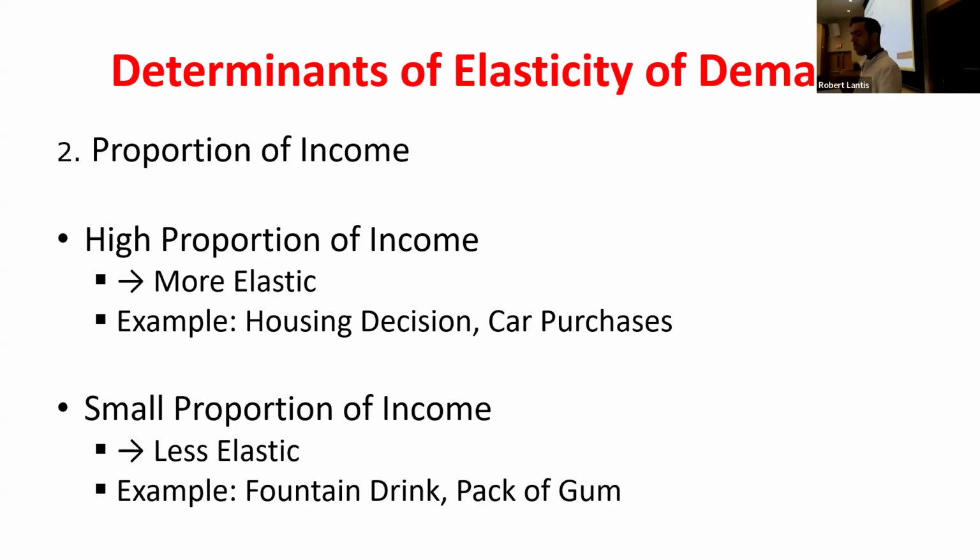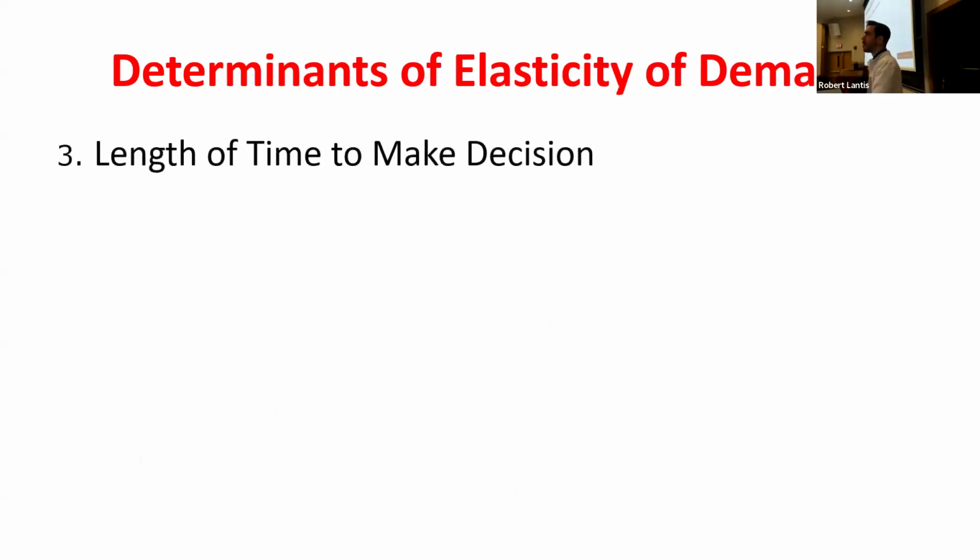Okay. Now, the third determinant of demand is directly linked to something we've already talked about. So if I have more time to make a decision, I'll set this up in terms of airline tickets.